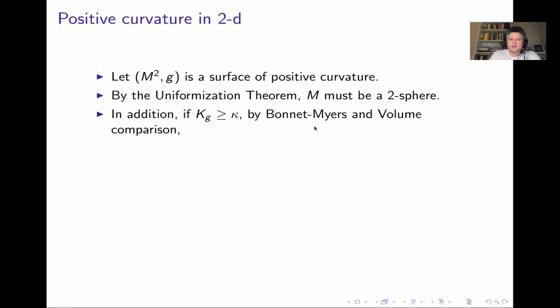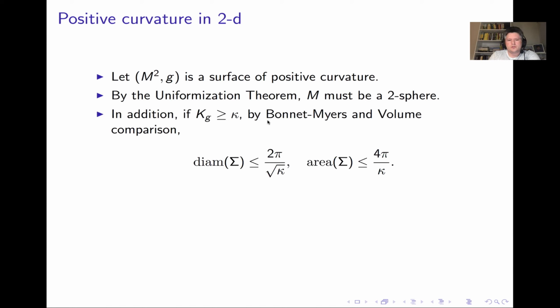And moreover, if you quantify how positive the curvature is, and assume that it's greater or equal than some constant kappa, then by Bonnet-Myers and volume comparison, you can show that the diameter of that surface is bounded from above by an explicit constant, and so is the area.